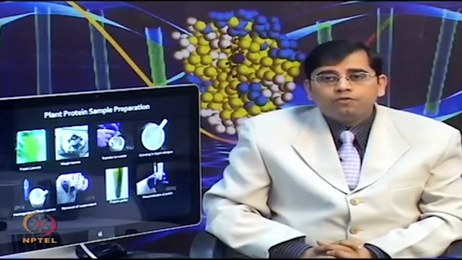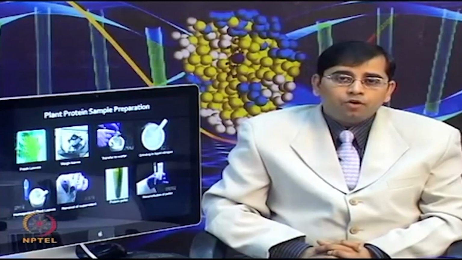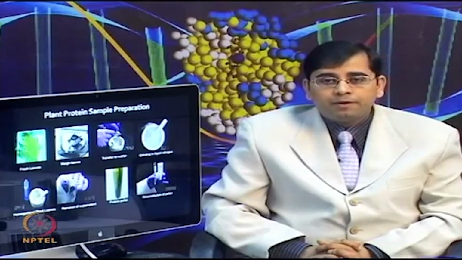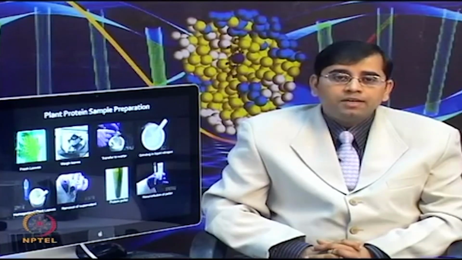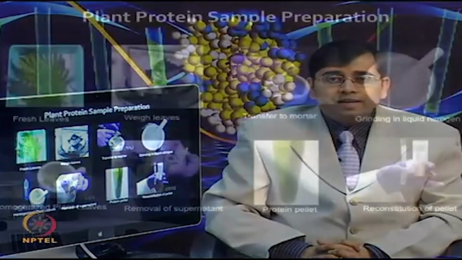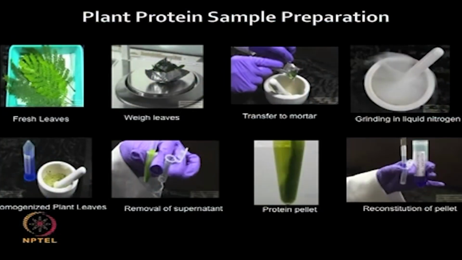So, here in the pictorial form, I am giving you an overview of steps involved in the plant protein sample preparation, starting from the leaf collection, weighing the leaves, transferring to the mortar, grinding by using liquid nitrogen with the pestle, homogenization in the presence of TCA and acetone.